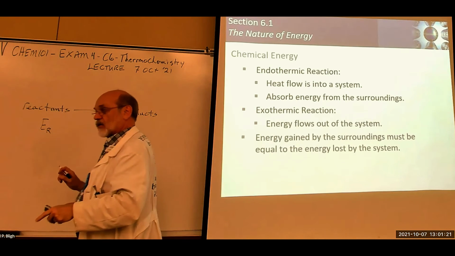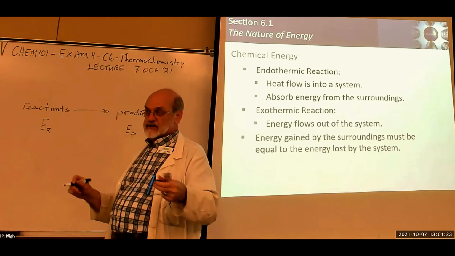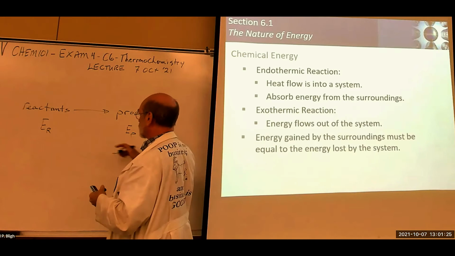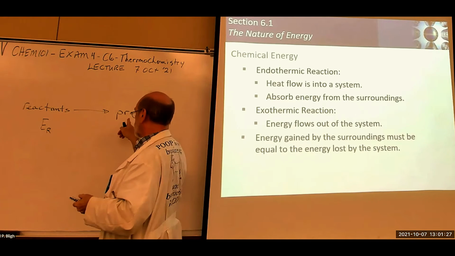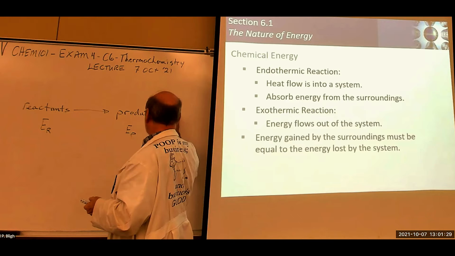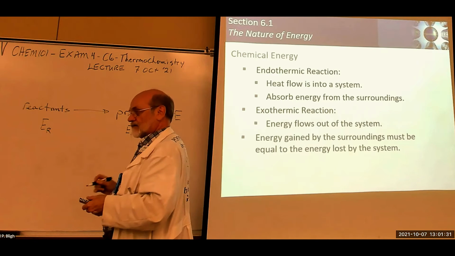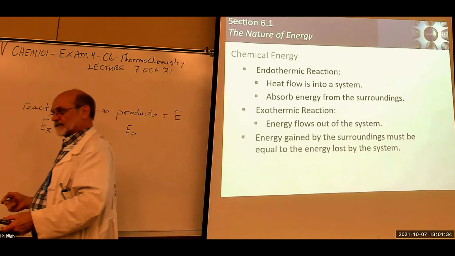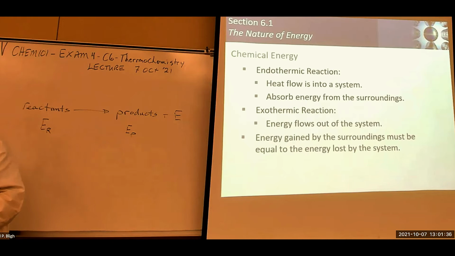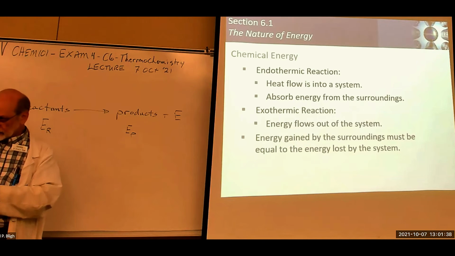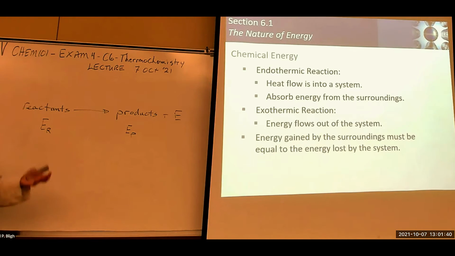So where'd that energy go? It's still conservation of energy. We've got to account for it. So if this one has more energy than these products, then the energy becomes a product. And that's an exothermic reaction. And it can be quantified through various measurements, but most often through temperature change.